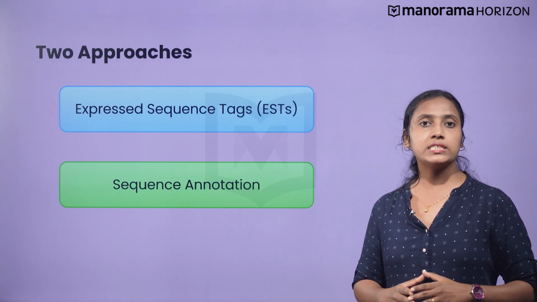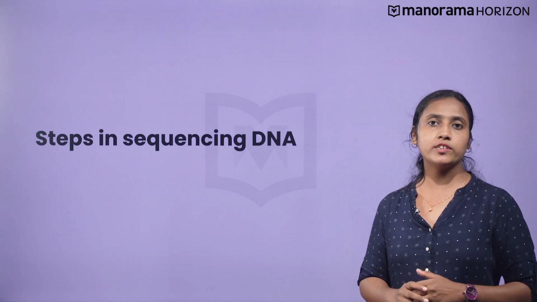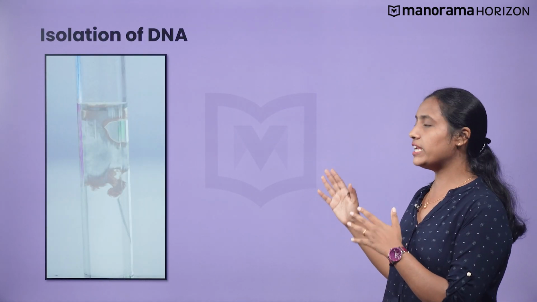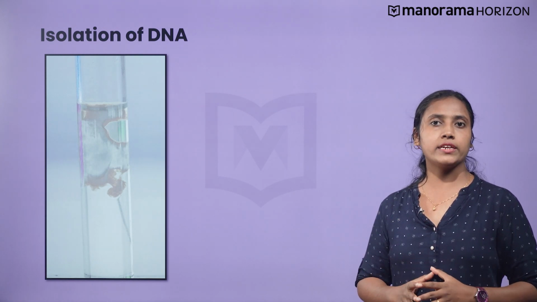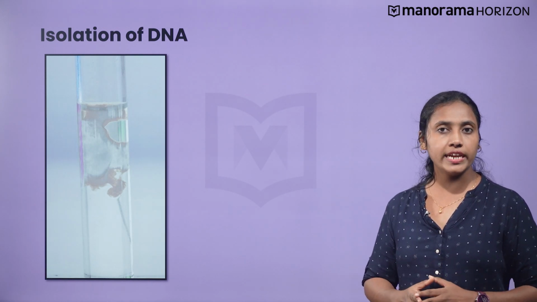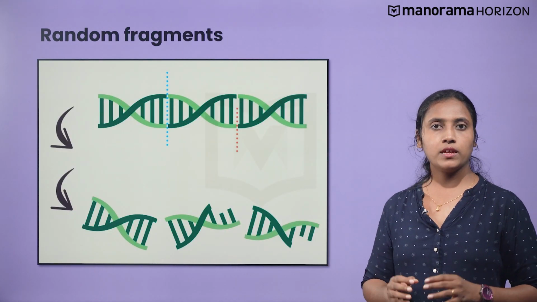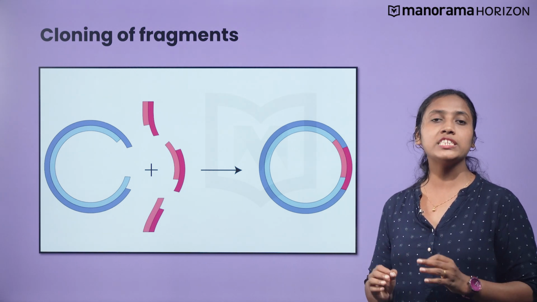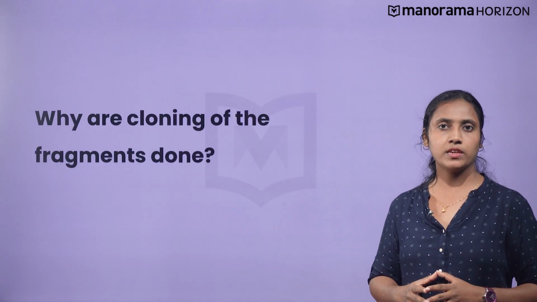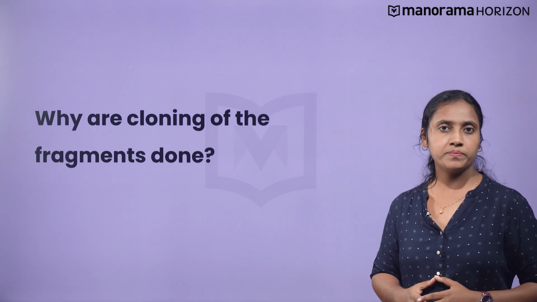We'll now see the steps involved in sequencing the DNA. The very first step is the isolation of DNA. Once the DNA is isolated, it is then converted into random fragments of small sizes. The fragments are then cloned in a host using specialized vectors. Can you guess why cloning of the fragments is done?